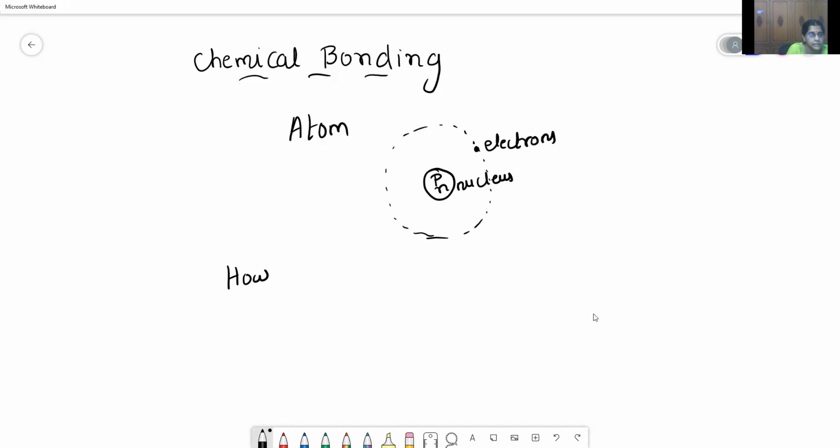So how are these electrons arranged? Basically, these electrons are orbiting around the nucleus in what are called shells.